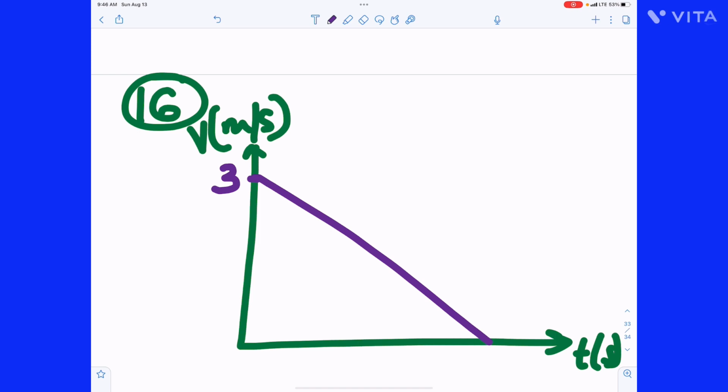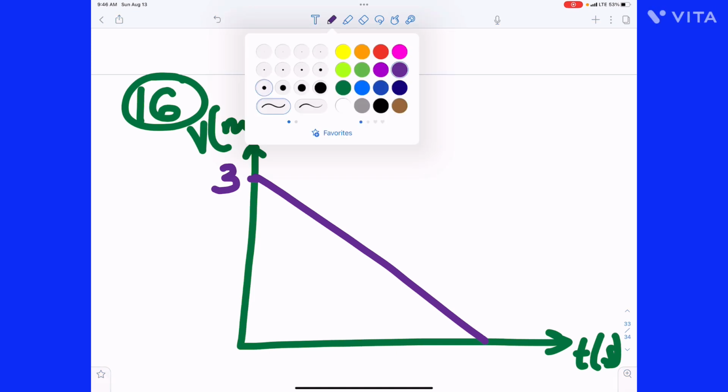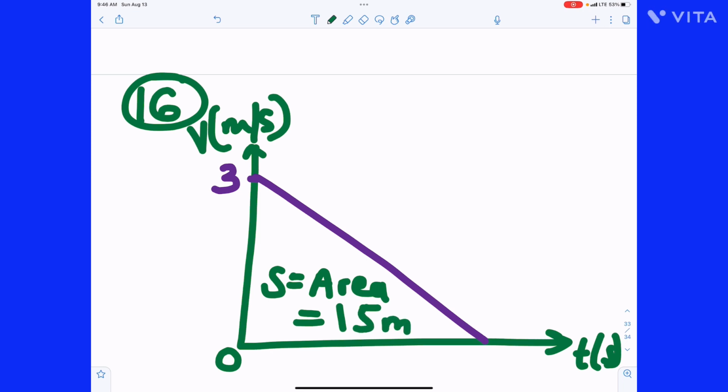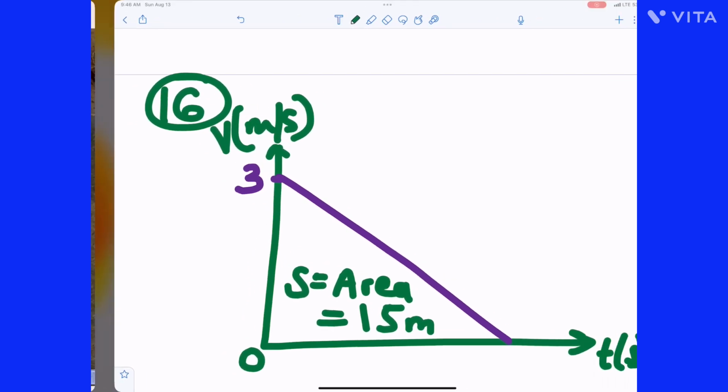Brakes were applied, and he was brought to rest. So rest is 0 meters per second here. The distance traveled is the area under the curve, and it says a distance of 15 meters was covered in the process. The question says, calculate the retardation.